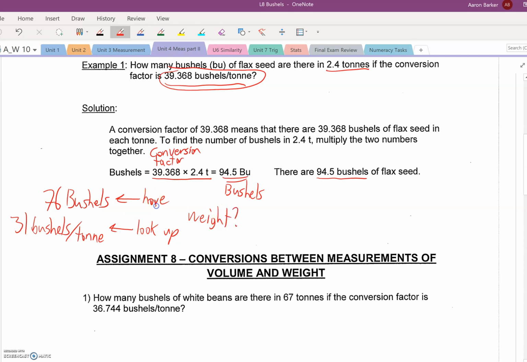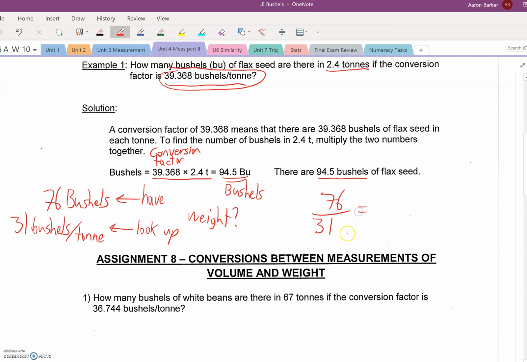That's a very typical question for you to have, especially if you grow up on the prairies where you have lots of grain being hauled. So you would simply take your total bushels, 76, and divide it by 31.